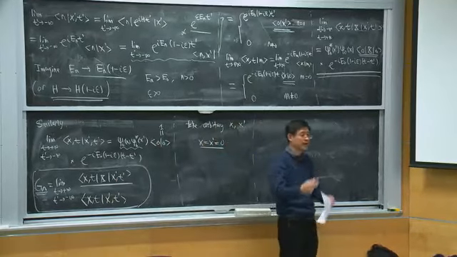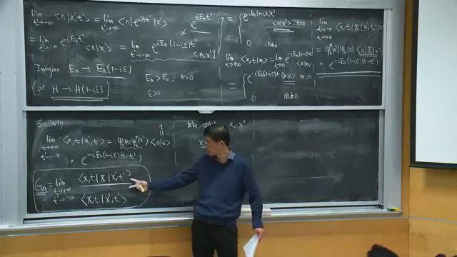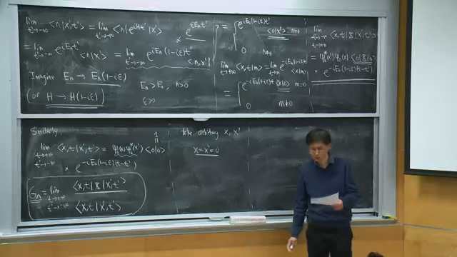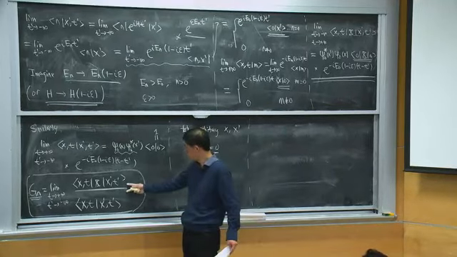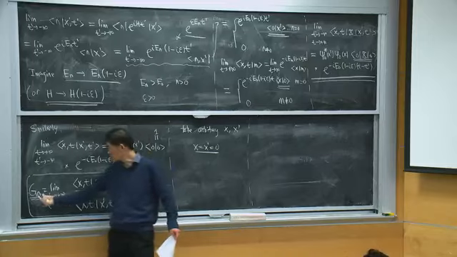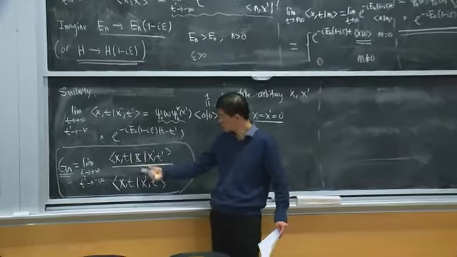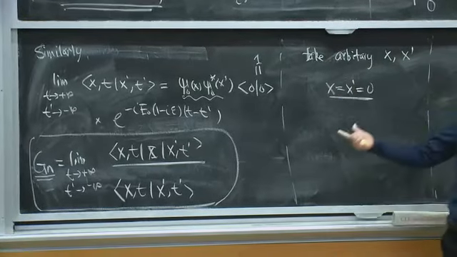So in the end, this right-hand side does not depend on x and x prime. Also, if this formula is to make any sense, the left-hand side does not depend on x and x prime, so the right-hand side must not depend on them. Otherwise, this formula is immediately wrong.